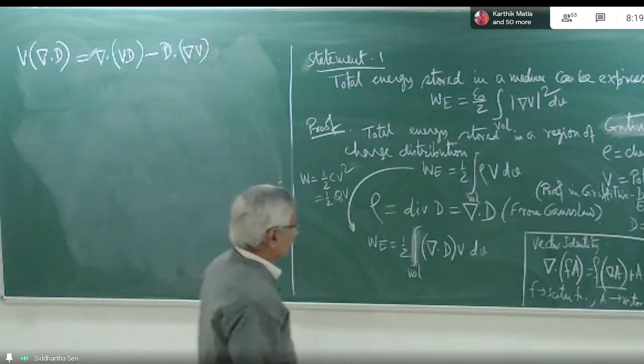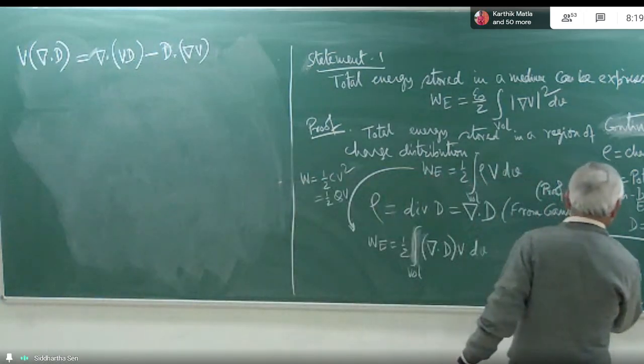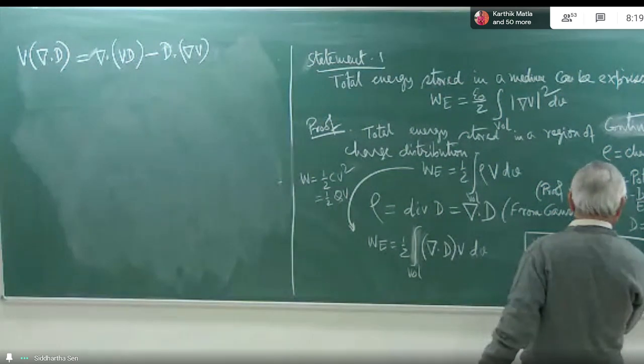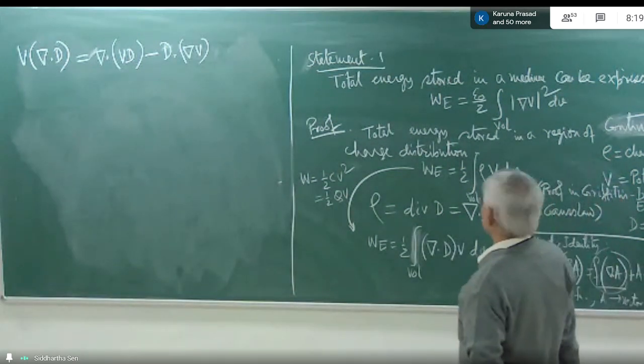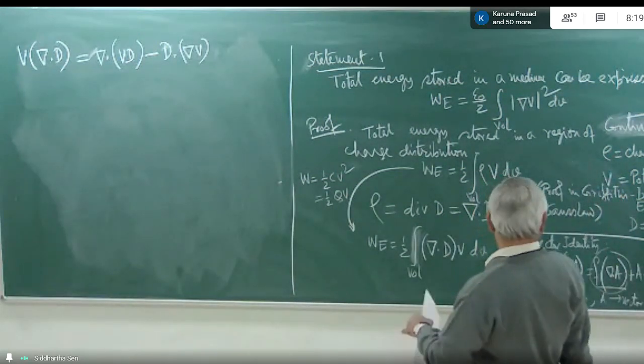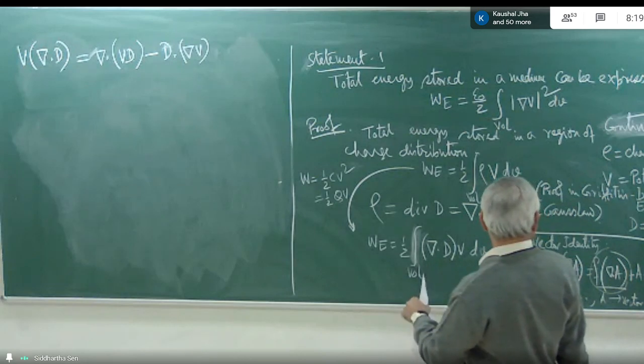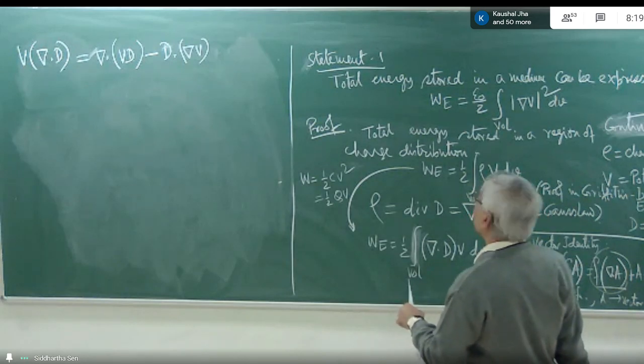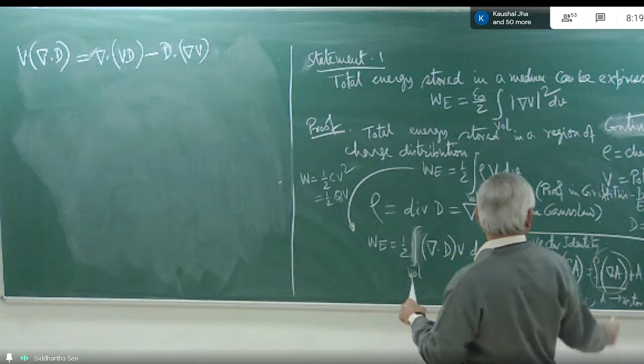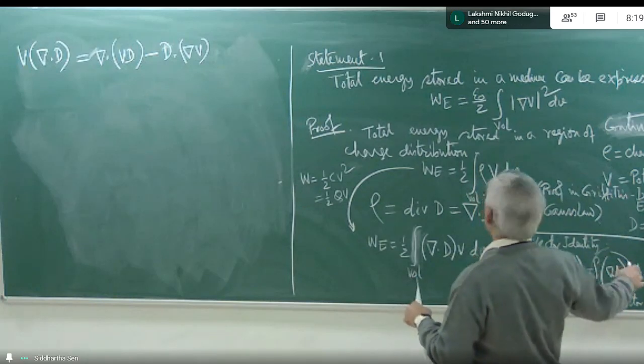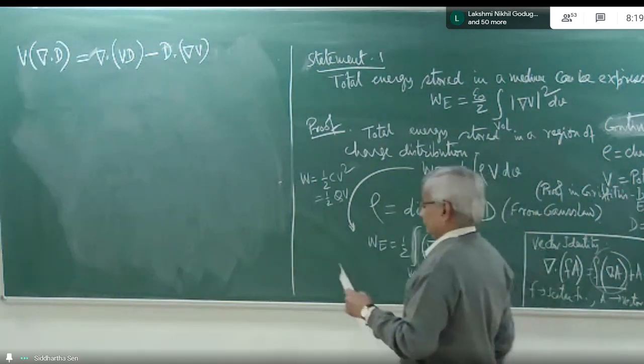So only thing is that this term I take on the left hand side. Is it okay? It is equal to nabla dot (V D) minus D dot nabla V.